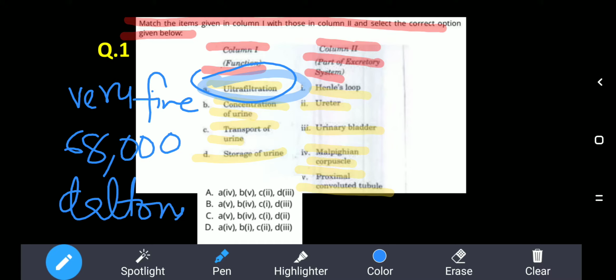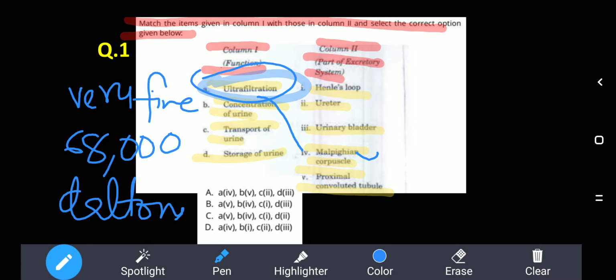When the molecule has a weight less than this, then it is filtered through the Malpighian corpuscle. Now what is this Malpighian corpuscle? It is an excretory structure of most of the insects, including cockroaches. So ultrafiltration, the Malpighian corpuscle is the correct match.